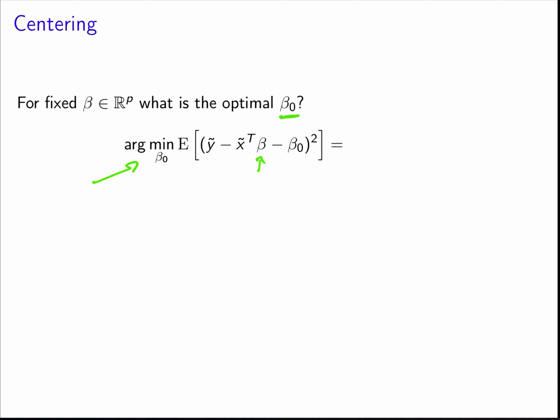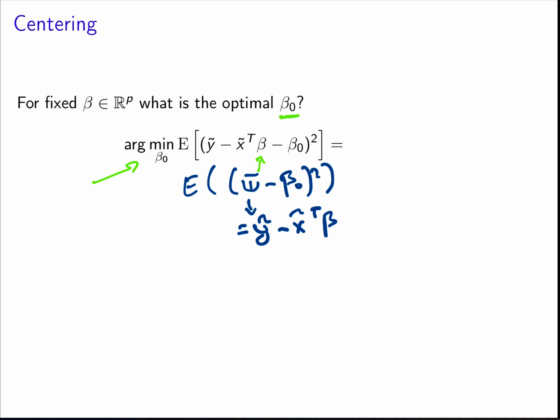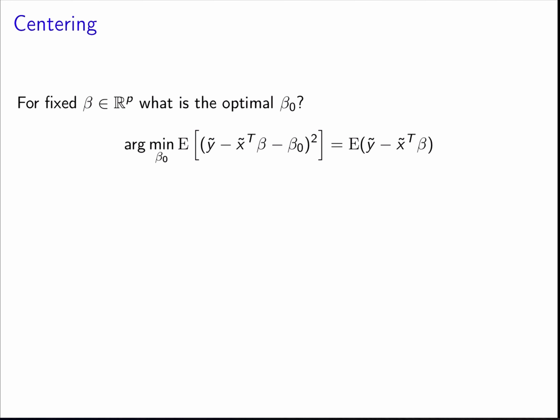This expression is the same as the expected value of (W minus beta 0) squared, where W is equal to Y minus x transpose beta. And we know that the constant that best approximates W is just the expected value of Y minus x transpose beta, because of the initial result that the mean is the best constant estimate.